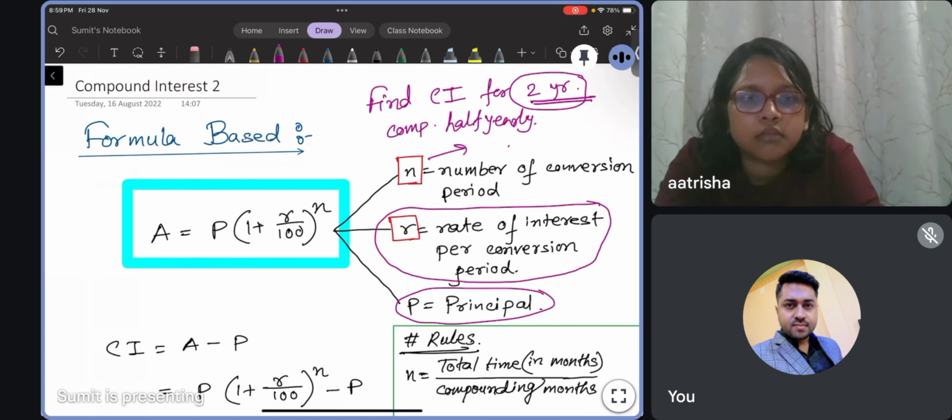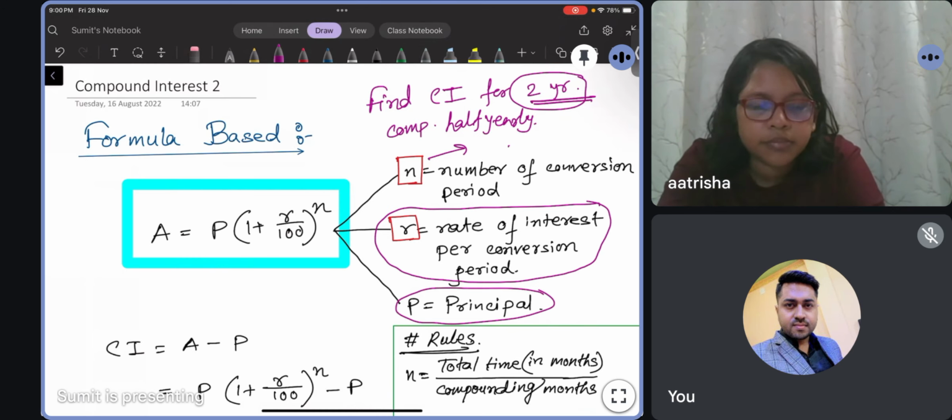Compounded half yearly means you have to pay the CI on a half yearly basis, that means at an interval of 6 months. So my question is, if you pay your interest at an interval of 6 months, then how many times do you have to pay your interest in 2 years? 4 times. That 4 is the value of n.